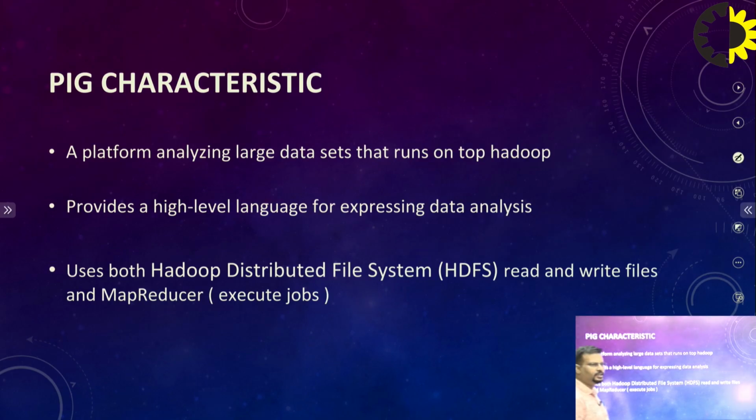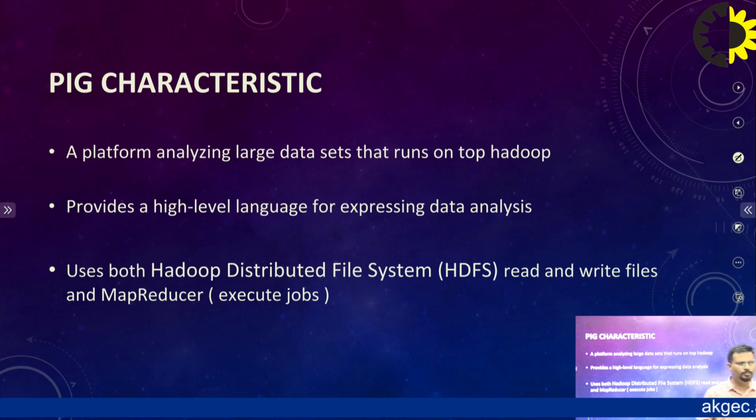Next are PIG characteristics: a platform for analyzing large data sets that runs on top of Hadoop and provides a high-level language for expressing data analysis. It uses the Hadoop Distributed File System, HDFS, to read and write files, and MapReduce to execute the job.